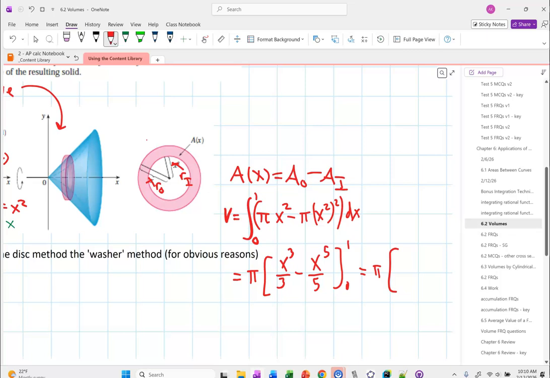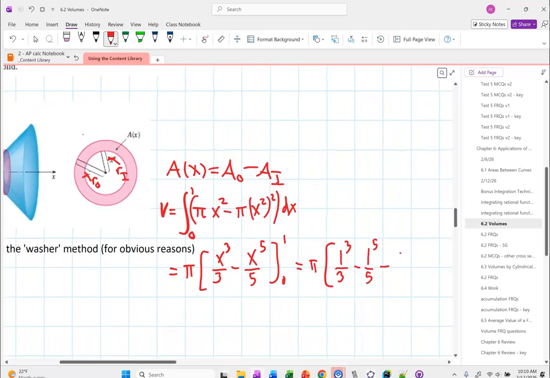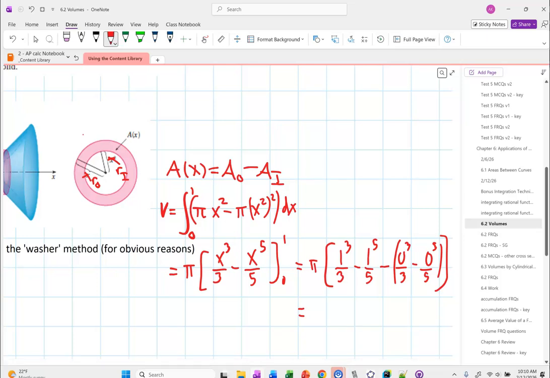So I just took it to the front. So I have 2/15, or 2 pi over 15. So 5/15 minus 3/15. I'm going to make a common denominator, all that jazz.